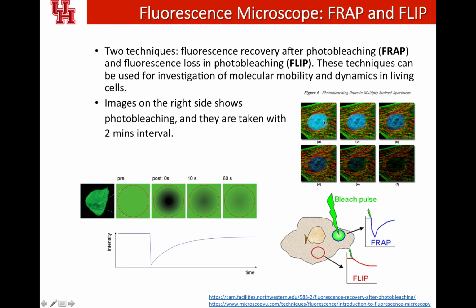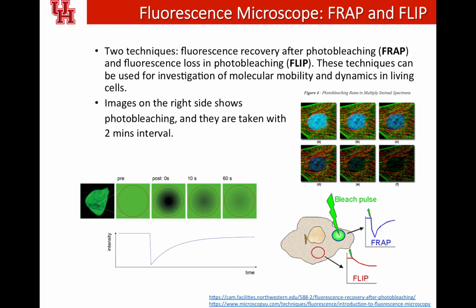For example, these three figures were taken at 2-minute intervals, right? You can see the fluorescence getting weaker and darker, and some fluorophores fade faster than others, like the blue fluorescence in the center. You can see it's much quicker than the red one and the green one. So that could be a problem.